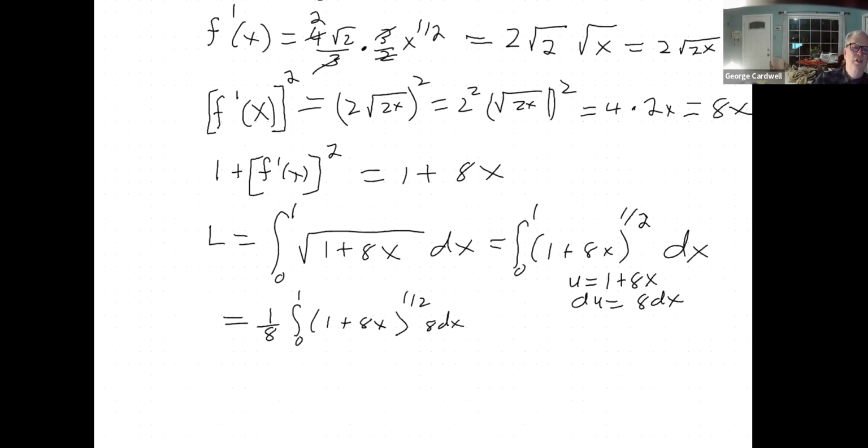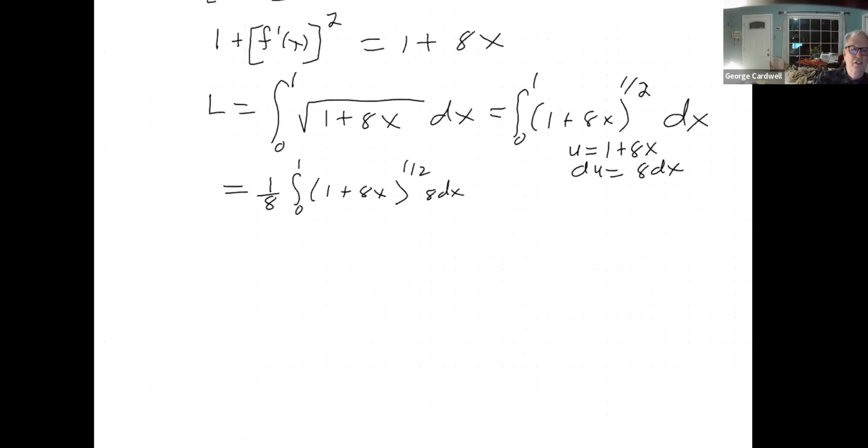It's the standard power rule. So that means the 1/8 carries through to the answer. Something to a power times its derivative is the something times power plus 1 over power plus 1, from 1 and 0.